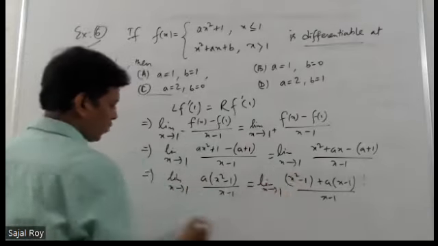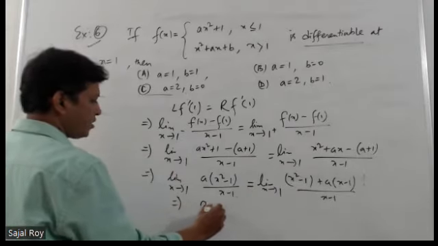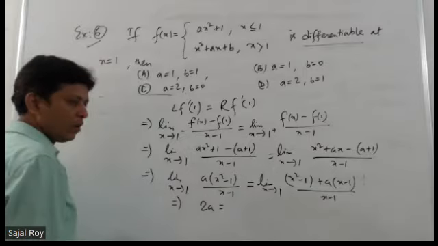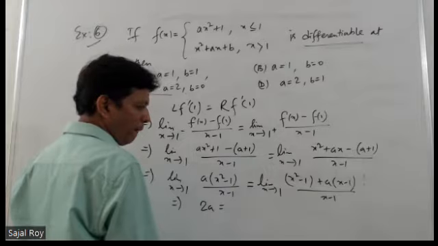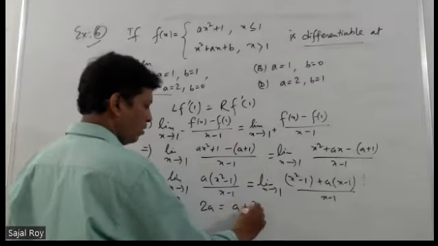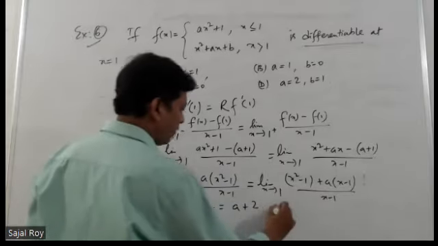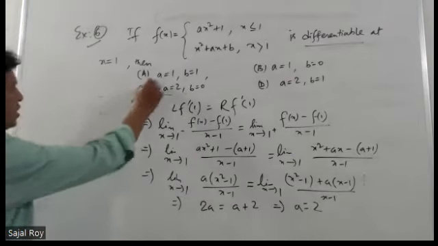Here also x minus 1 cancels. So ultimately you have 2a equal to a plus 2 if you take the limits. That will give you a equal to 2. So it's option C.